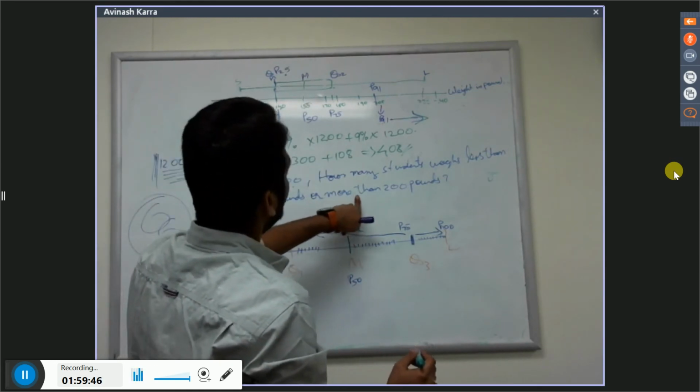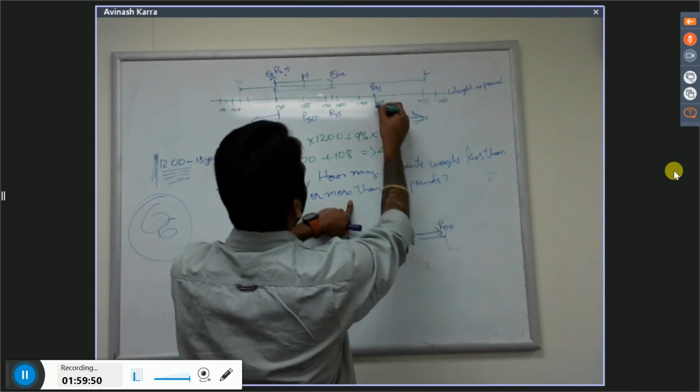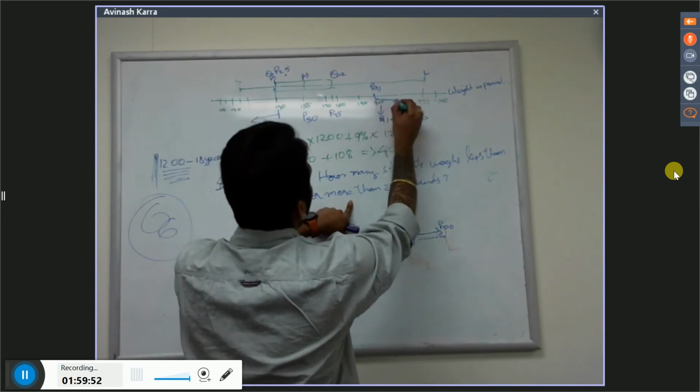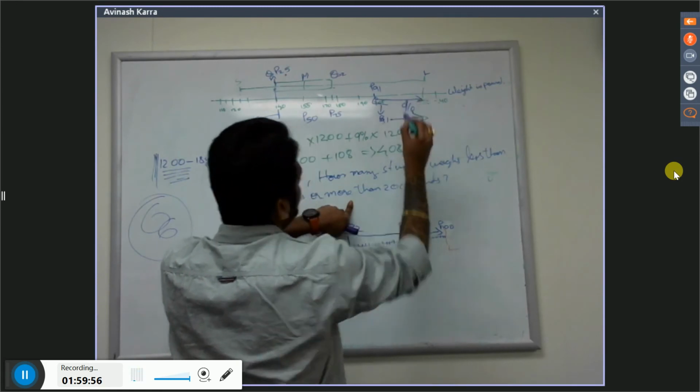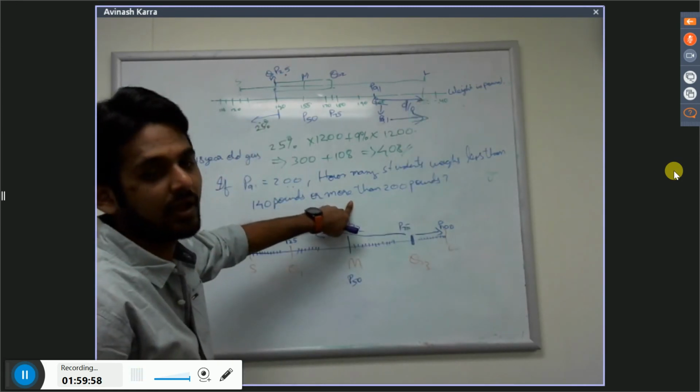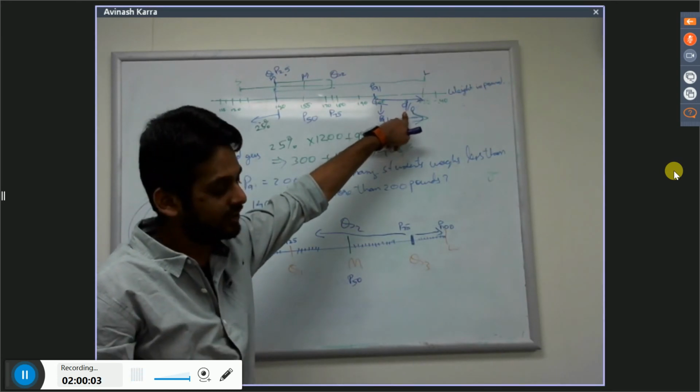And more than 200 pounds is nothing but P91, right? So from here to here is 9%. Yes or no? 100 minus 91 is 9, right? So 9%, right?